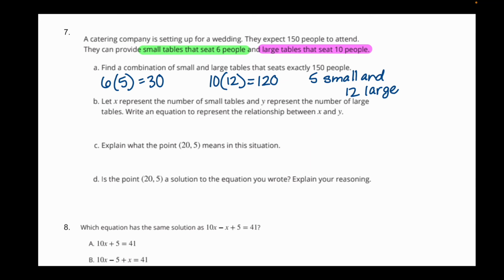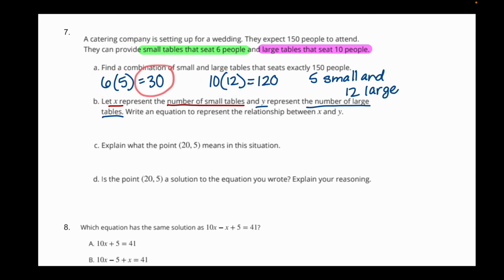We want to let X represent the number of small tables, and Y is the number of large tables. We want to write an equation to represent the relationship between X and Y. So I'm going to say, similar to what I have up here, I'm going to use this format where I'm doing 6 times that number and 10 times that number.